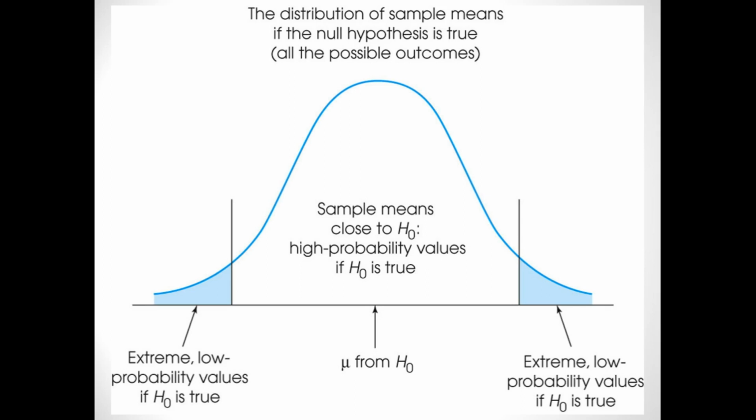After computing the extremely low probability values, which we call in hypothesis testing a threshold, we will take the decision using the critical region, which we will explain to you a little bit later in this tutorial.